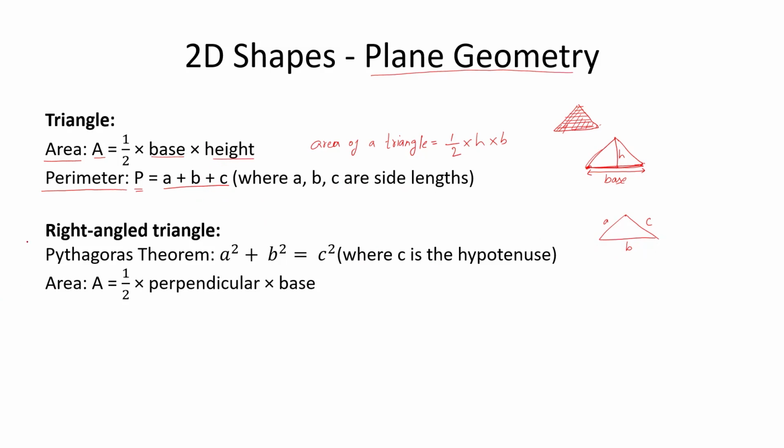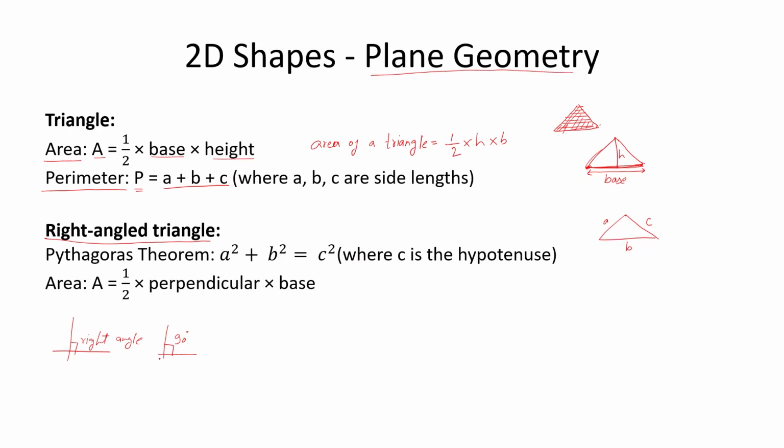Now this is a right angled triangle. What is meant by right angled triangle? First you should know what is meant by right angle. A right angle is an angle between two lines which are perpendicular to each other. So this is known as a right angle, or this angle is 90 degrees.